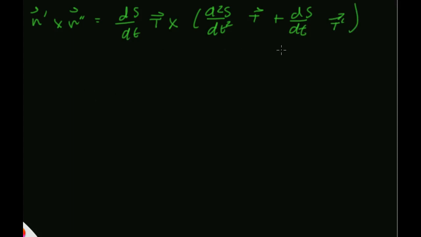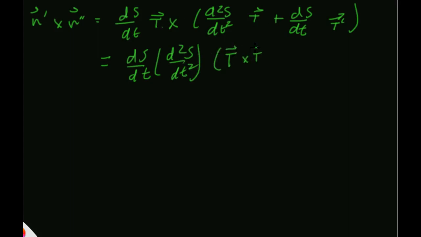So a little bit of manipulating things around here. You're going to get this times this, so that's going to be ds/dt times d squared s over dt squared, and then we get the T cross T. Aha, so that's going to be helpful. And then we get two of these, so we get ds/dt squared, and then T cross T prime.